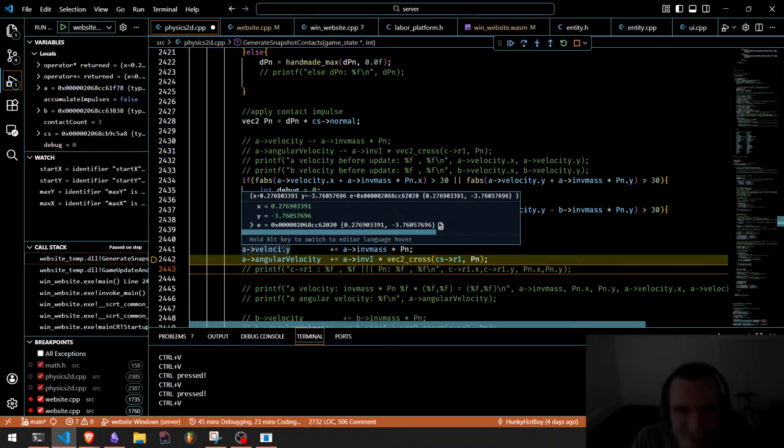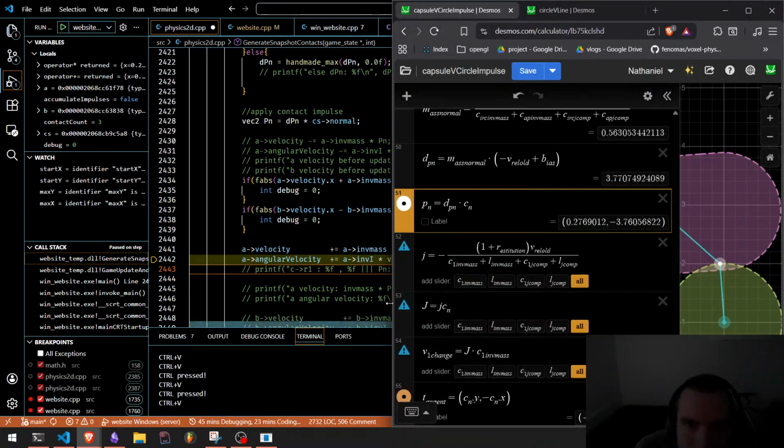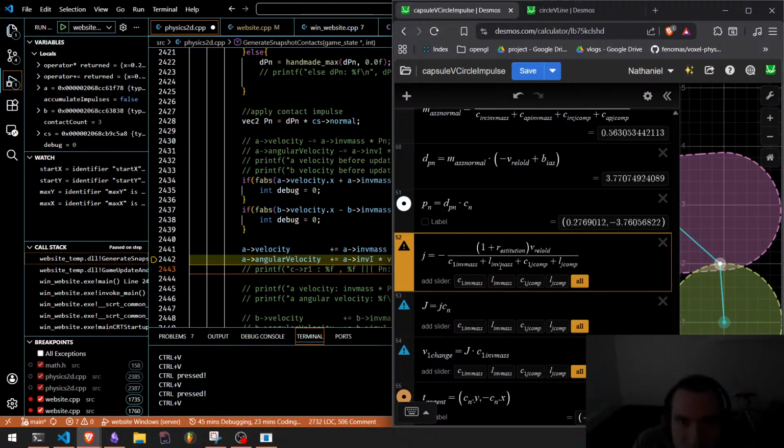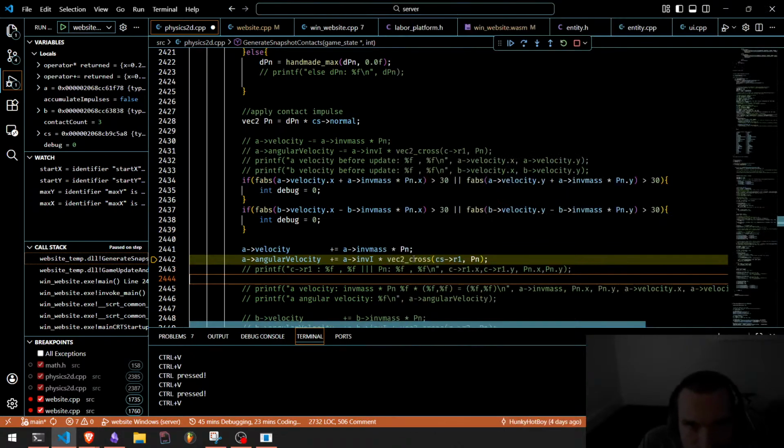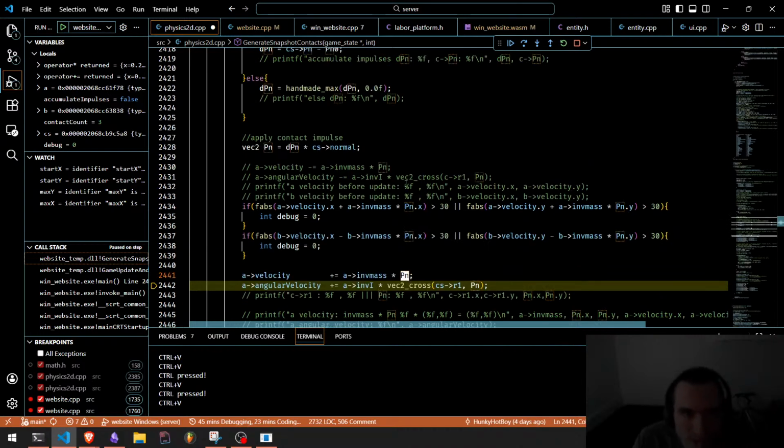That's not what we want to do. What we just did is we took that impulse times the inverse mass. Pn is normal. How do we calculate that? dPn is J in Desmos. Man, I'm just saying all these words, and there's no way you're going to be able to follow what I'm saying. I'm sorry.